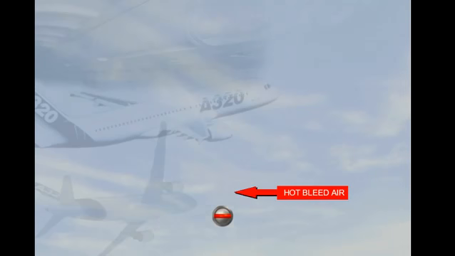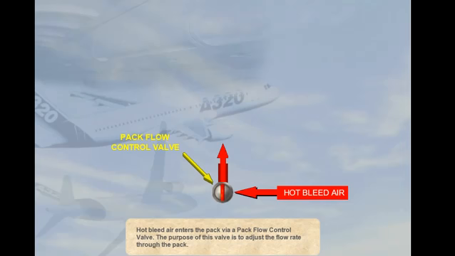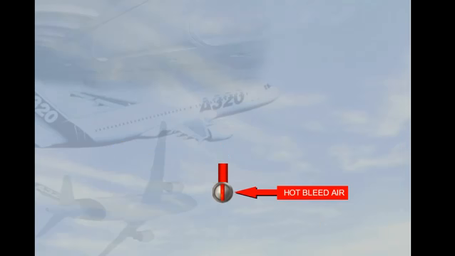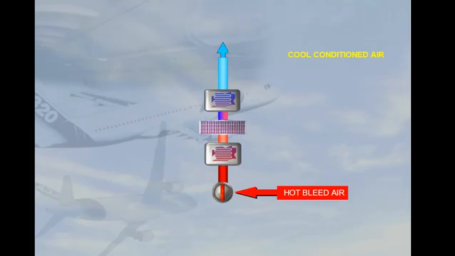Hot bleed air enters the pack via a pack flow control valve. The purpose of this valve is to adjust the flow rate through the pack. The air then passes through several stages within the pack that progressively cool the air to provide a conditioned air output.